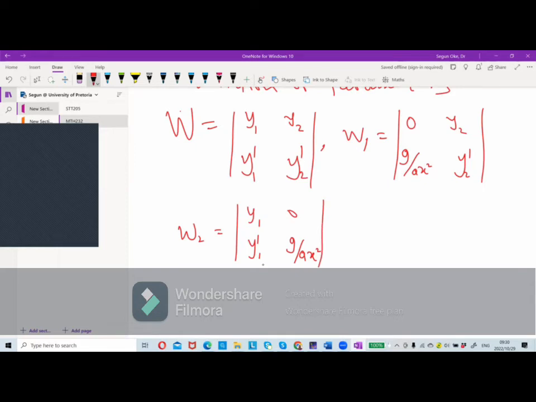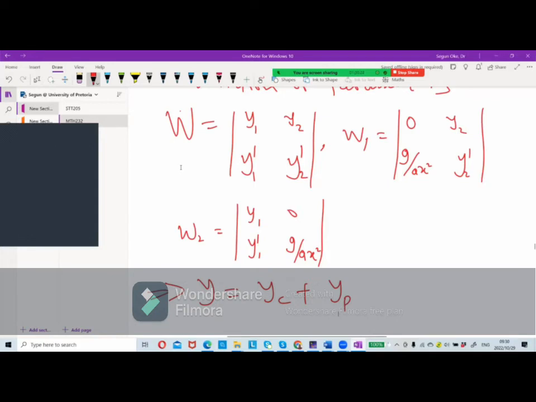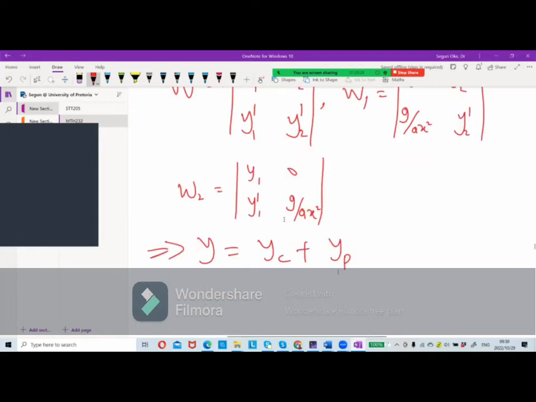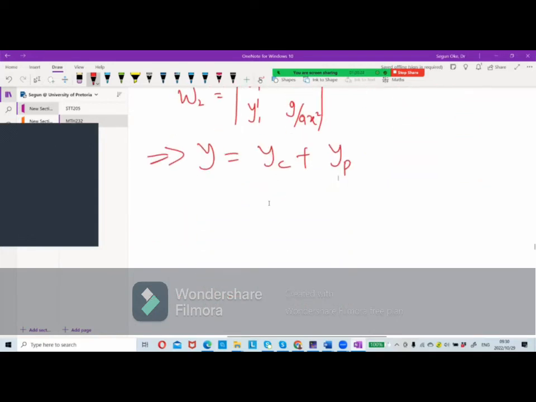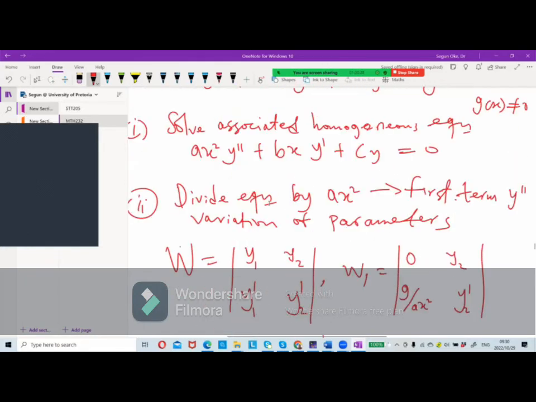So we are going to make use of this. And in this case too, don't forget we are going to have the general solution to be y equals to yc plus yp. Remember, you will have gotten your yc using your complementary here.